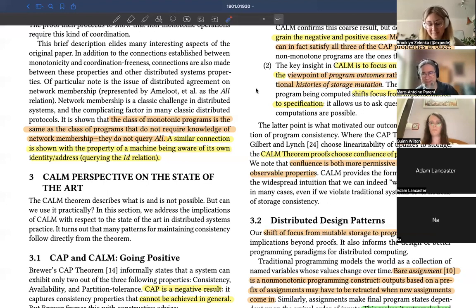So I think the idea with that is that they use a very specific meaning for coordination, because basically, at least in the sketch, they say that they prove the opposite direction, the only if direction of the thesis statement of CALM, by showing that monotonic programs don't necessarily require coordination.